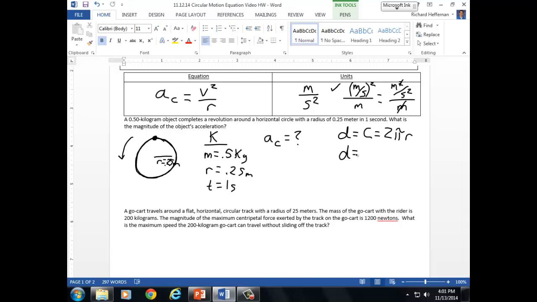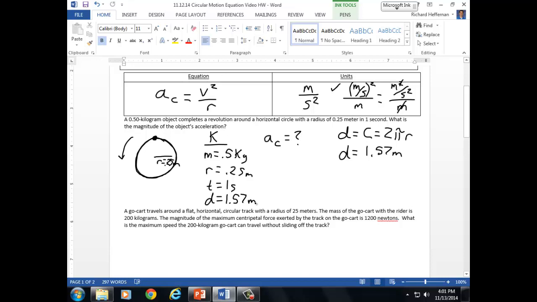That's 2 times 3.14 times a radius of 0.25. The distance the object travels is 1.57 meters, so we can add that to the list of things that we know.